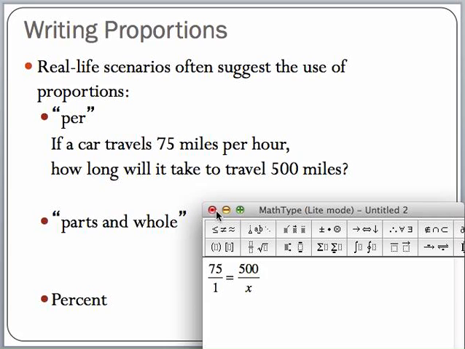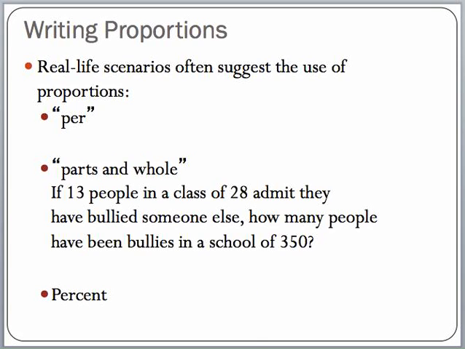So, another example where a simple proportion can come up is when there's an idea of a part and a whole. Last year, I polled my class and I asked one of my hours how many of them would admit to bullying somebody at some point in their school careers.